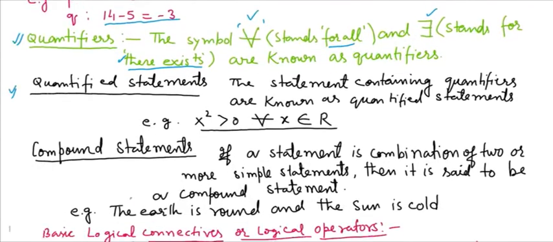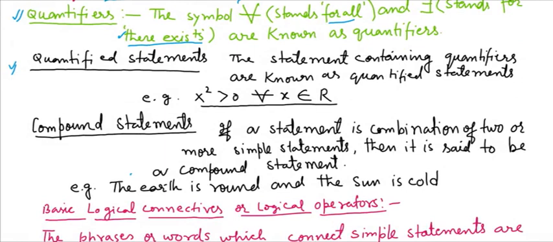Now, we will try to understand another point, that is compound statements. If a statement is a combination of two or more simple statements, then it is said to be a compound statement. For example, the earth is round and the sun is cold.